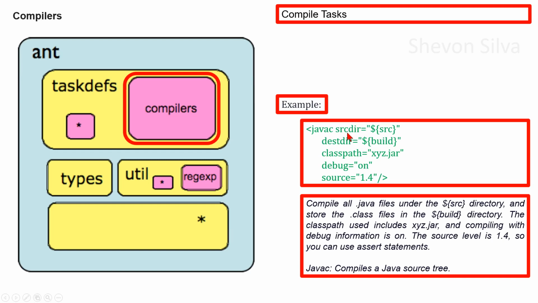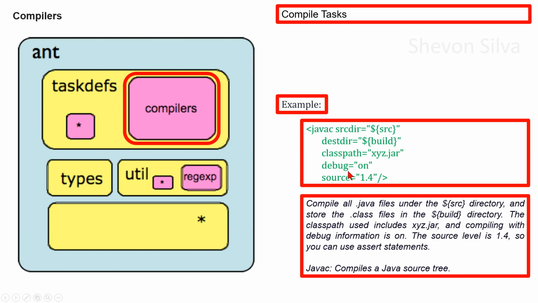Here you can see the srcdir attribute, the location of the Java files. Here you can see the destdir attribute, the location to store the class files. Here you can see the classpath attribute, the class path to use.